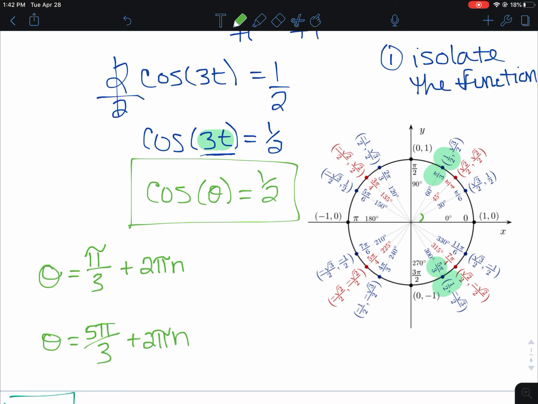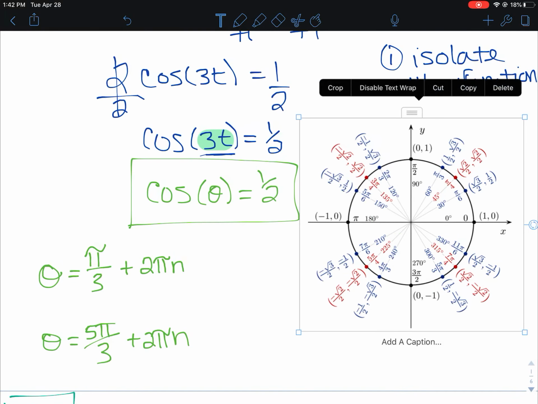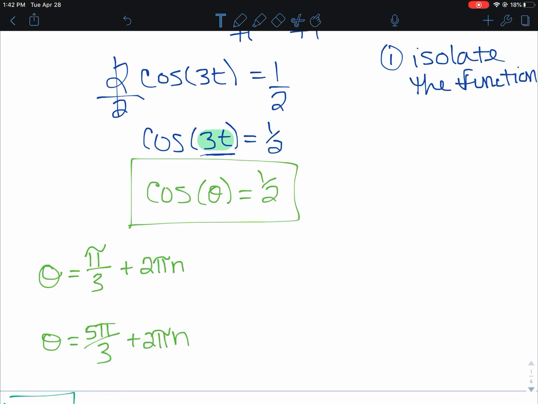Or I could go all the way around to 5 pi over 3, all the way around again, and again. Adding on any increments of 2 pi will still give us the same values.